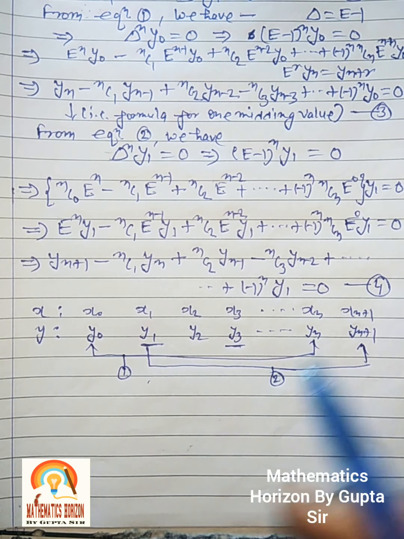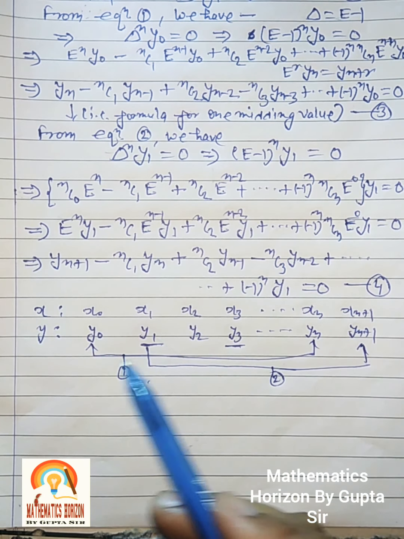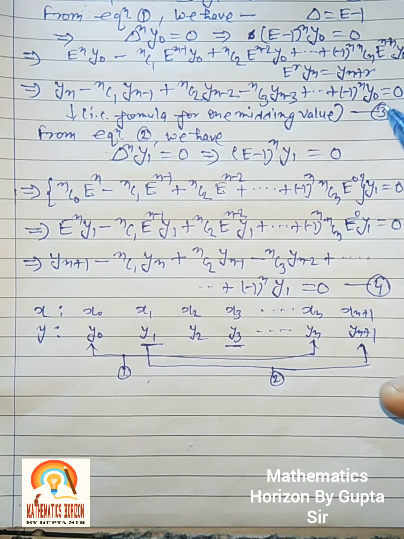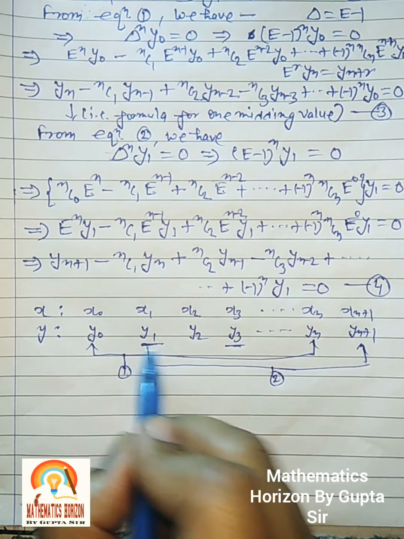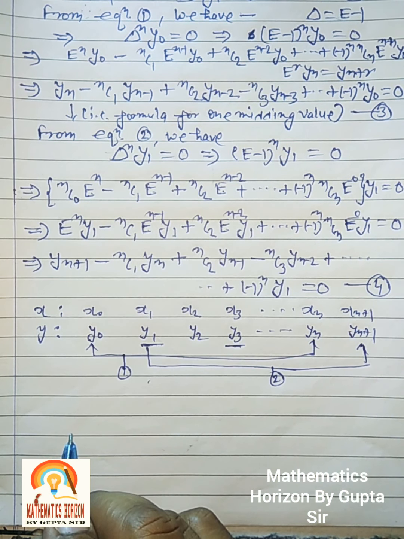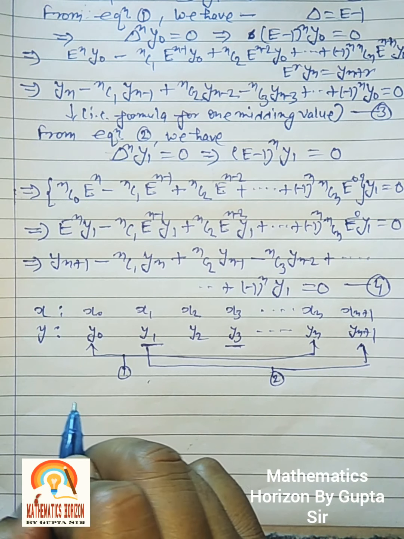And when we put all these values of y0, y1, y2 in equation 3 and 4, suppose y1 and y3 are unknowns, we get equations in this form.